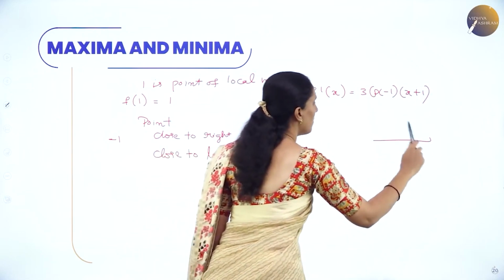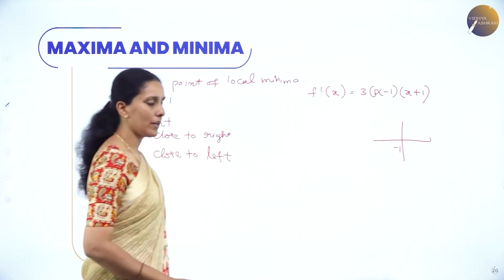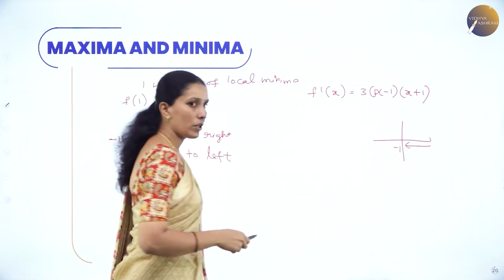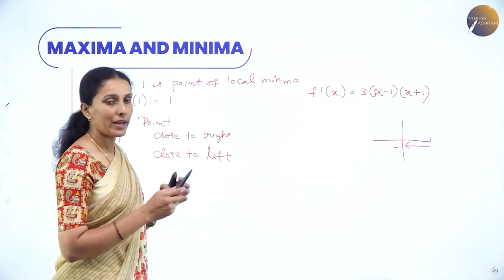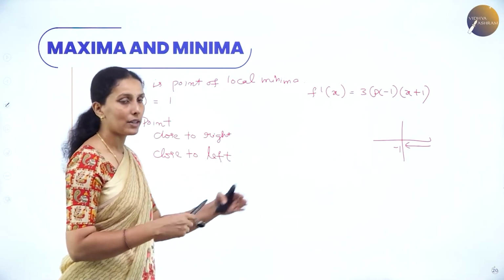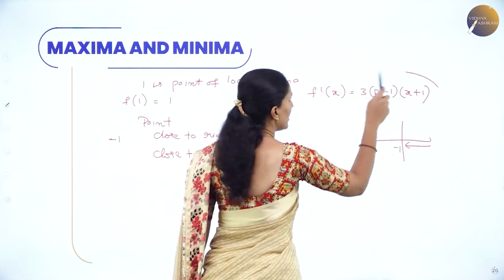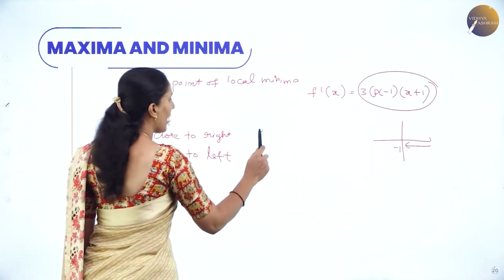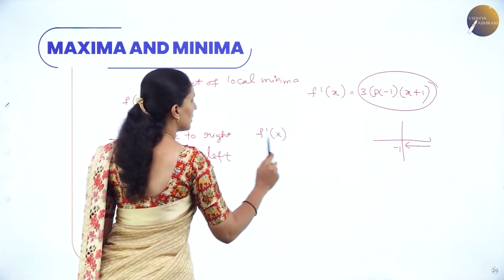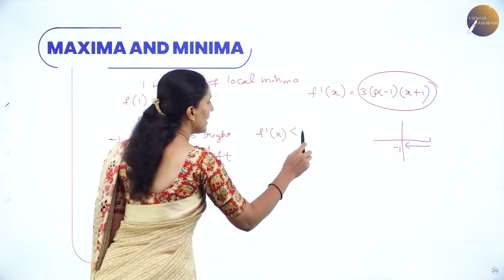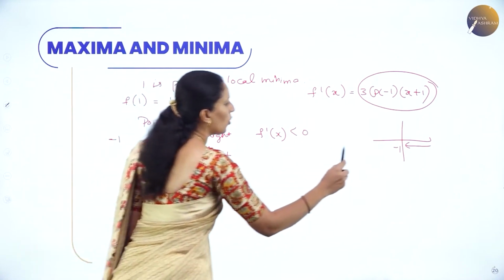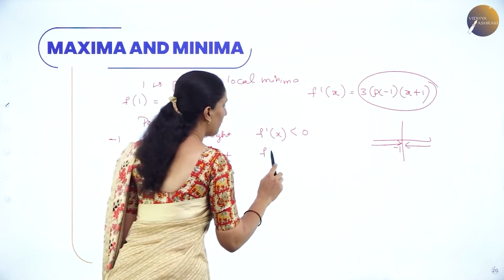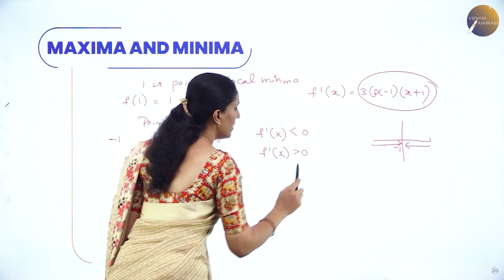If this is the point minus 1, when you go close towards the right, that is after minus 1, you can take minus 0.99 something or 0, the function is negative. That is, f dash of x is less than 0. Similarly, when you go close to the left, f dash of x is greater than 0.